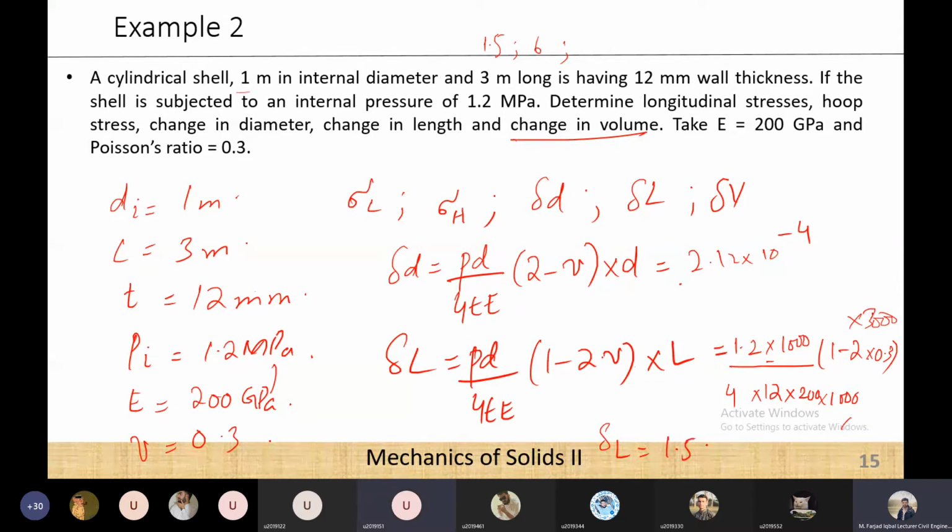Yes, sir, I have 1.5. This is the correct answer, 1.5 into 10 raised to power minus 4. So just make this correction, everyone. Now give me the change in volume.